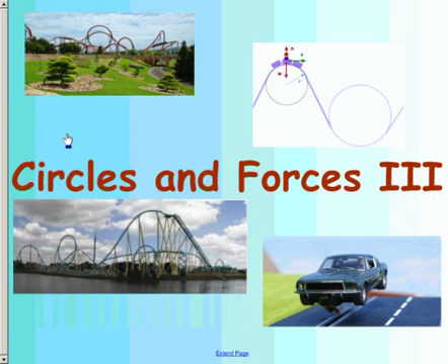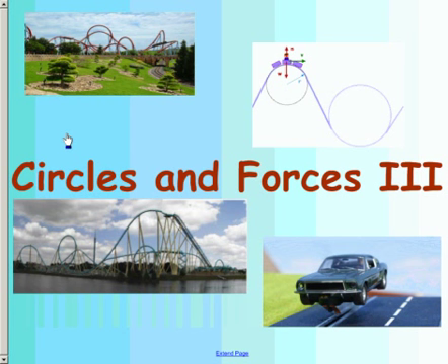Upper right, we see something going over the top of a hill, like a roller coaster or something. And we actually in physics model a lot of those hill tops as circles. And then you can see the roller coaster is going to go down to the bottom of a hill next, and we can look at that as a circle too.